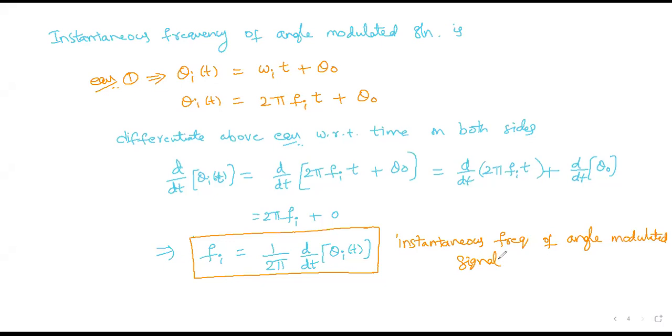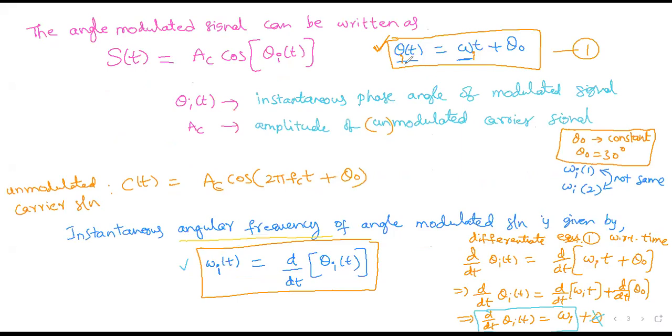Now you can see that theta I of t is the instantaneous phase angle of the modulated signal, or I can say of the angle modulated signal. And Ac is nothing but the amplitude of the modulated carrier signal or the amplitude of the unmodulated carrier signal, whatever you can say. Both are the same because we are not going to change the amplitude of the signal.